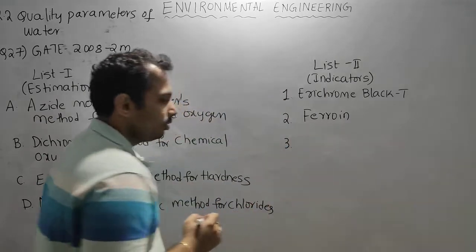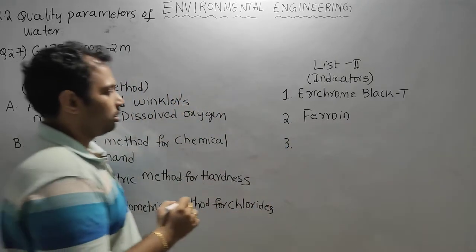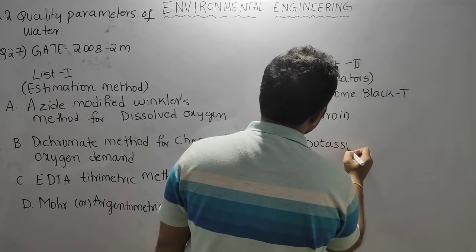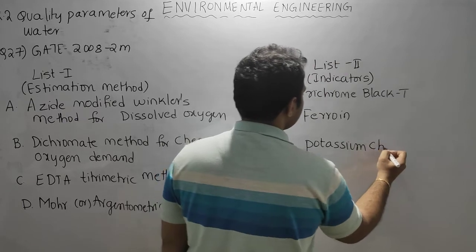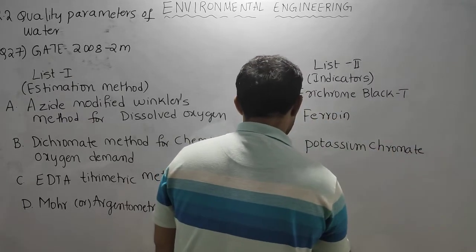And third one is potassium chromate, and last one is starch.